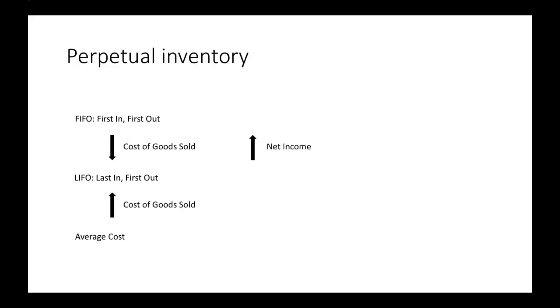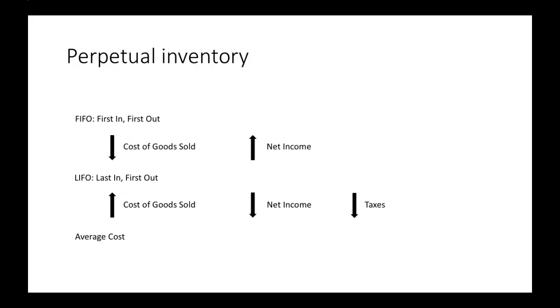LIFO gives you a higher cost of goods sold and a lower net income. On the surface, doesn't look real great, right? Saying that you made less money over the year, that's not going to make your stockholders real happy, right? But what this does is it lowers the tax burden, right?